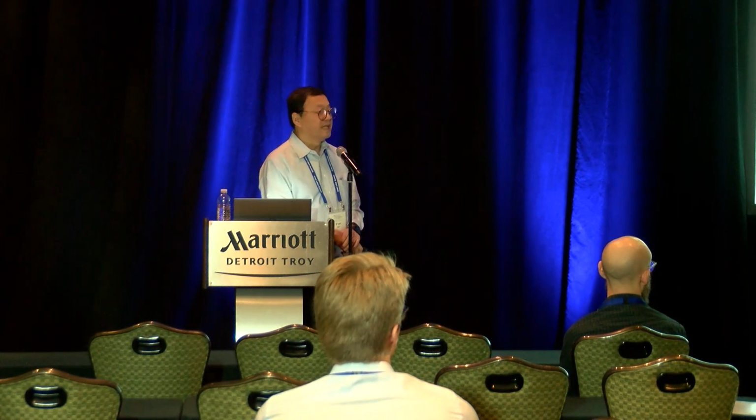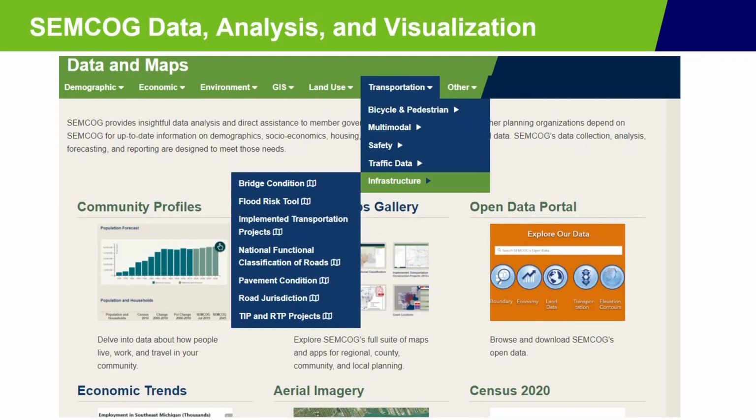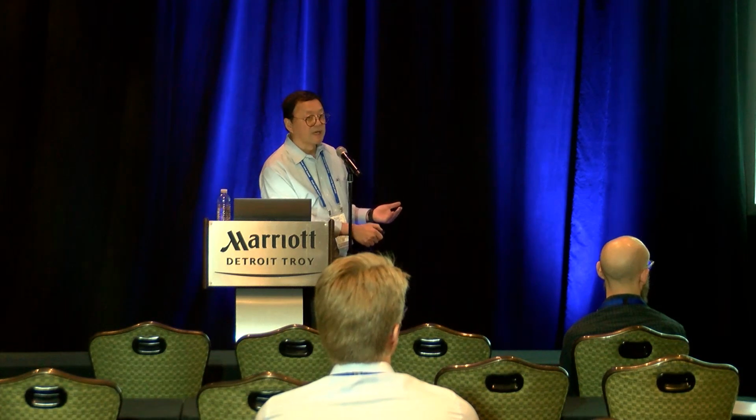In terms of data, most of our data and maps are on the data map webpage on our semcog.org website. So we deal with demographic data, socioeconomic data, environment, GIS, land use, transportation, and others. So just take transportation, for example.